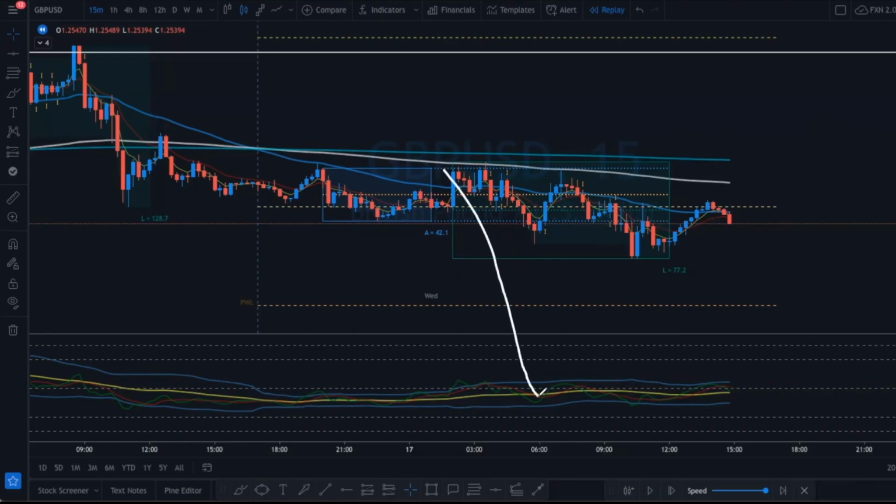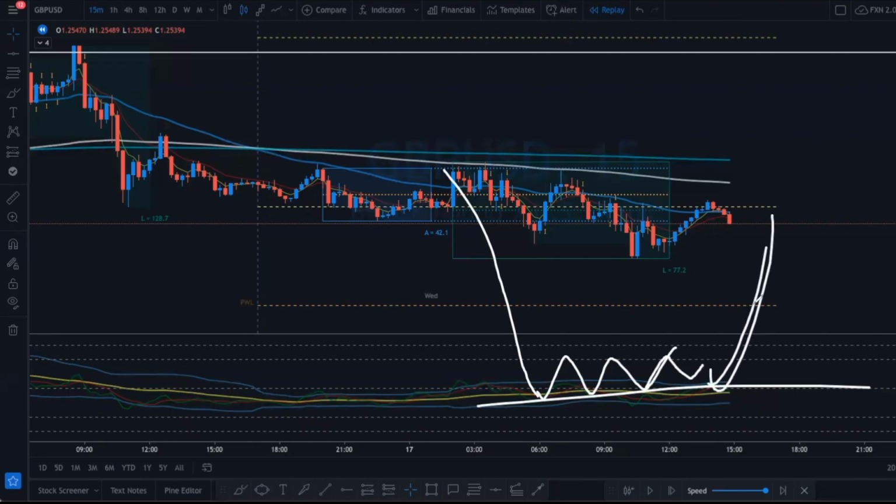If they went all the way down like this and worked the bottom out throughout London, and now you're in the US session, then you'd be looking for a reversal, like a type 1 reversal, like a multi-session type 1.